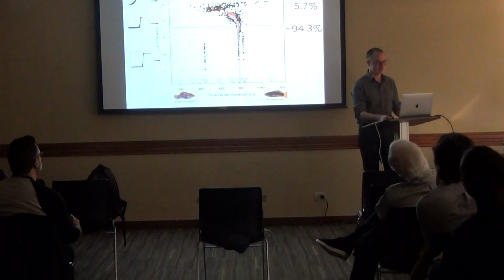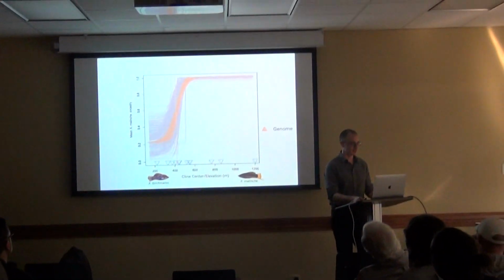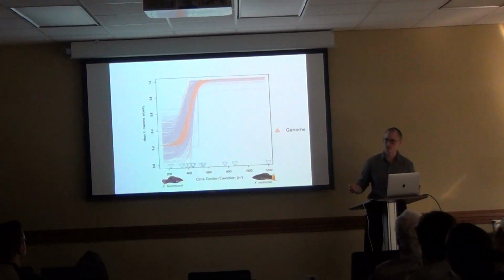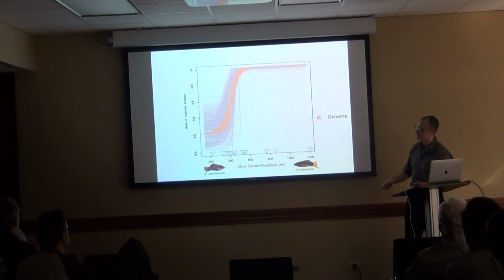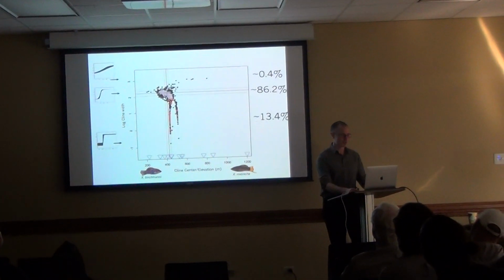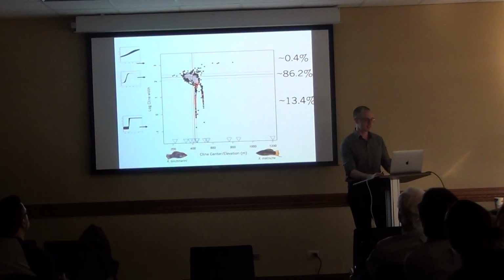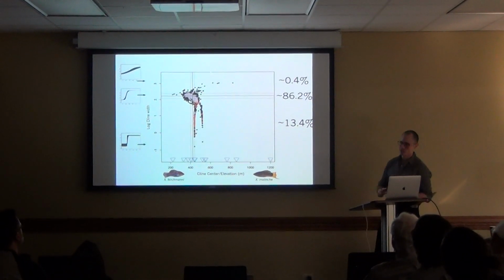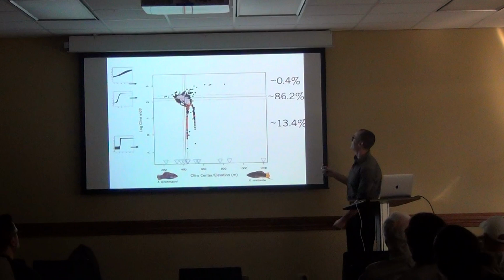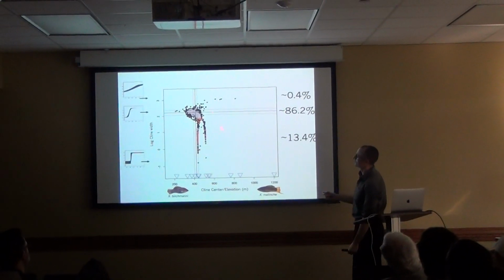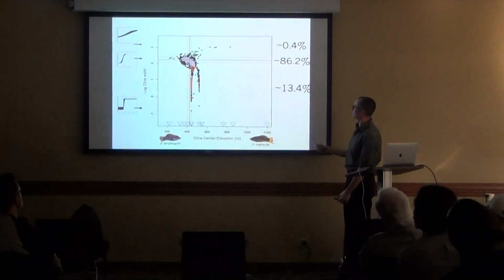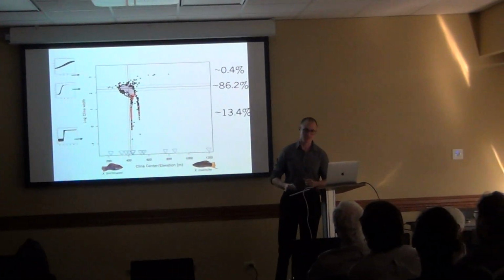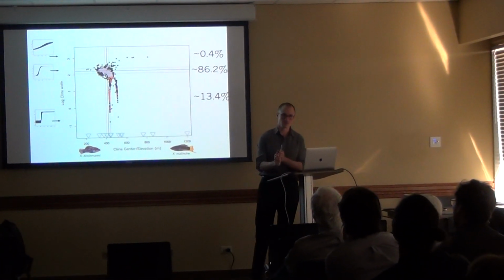And Pachula, this is more drastic. We see less of these genes that have big widths. Most of them will have reduced widths. If we look at the pattern right here, only 0.4% are showing these big widths. 86.2%, they have small widths, and even 13.4% are showing extremely reduced widths.